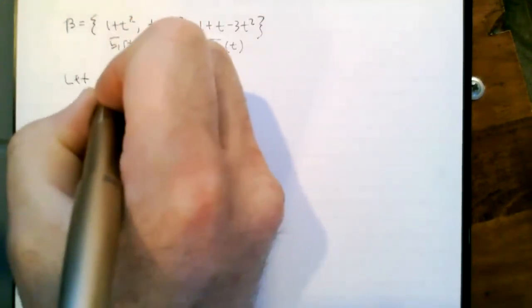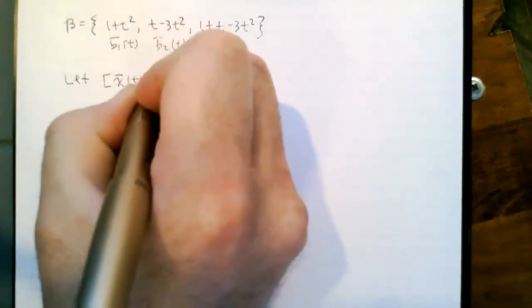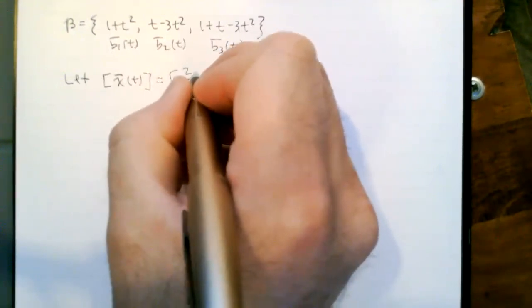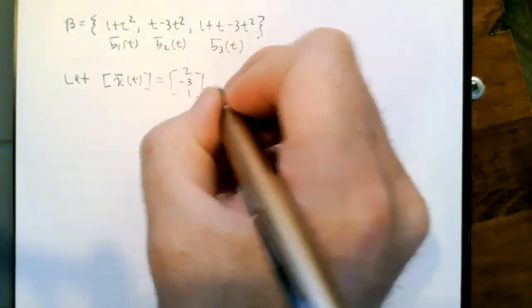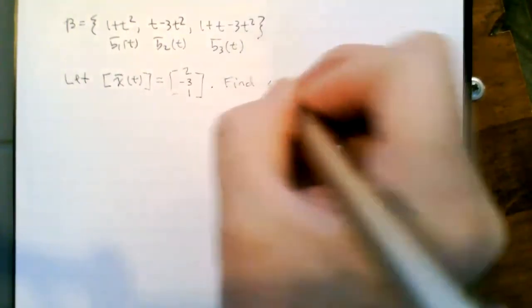Suppose that the coordinates of some polynomial x of t were 2, -3, and 1. I could ask you to find x of t.